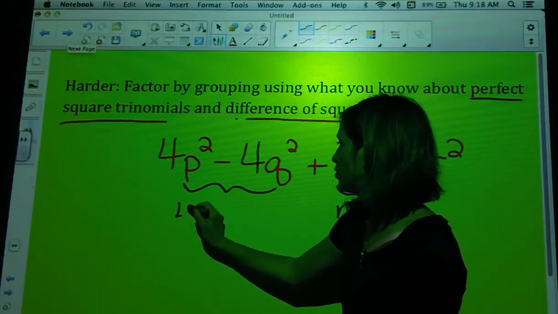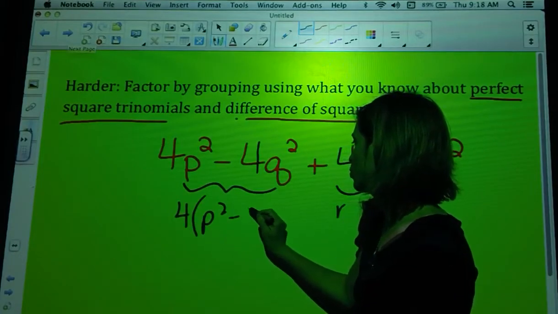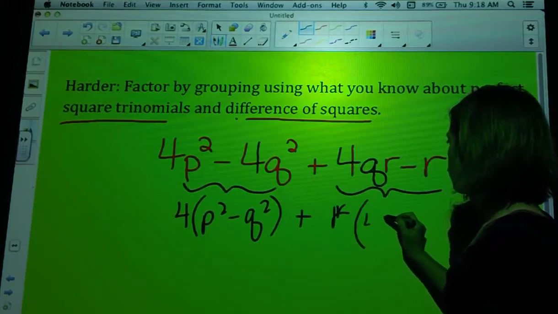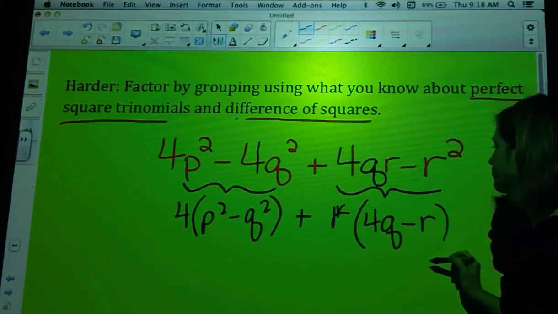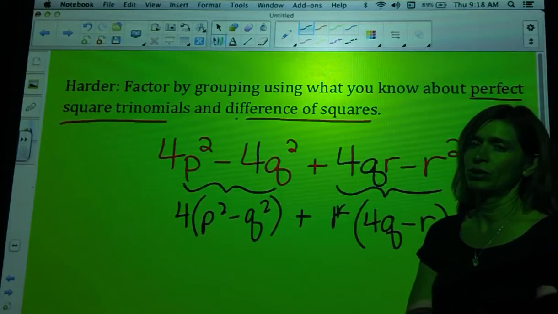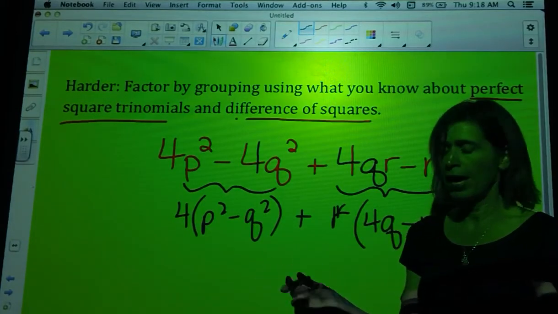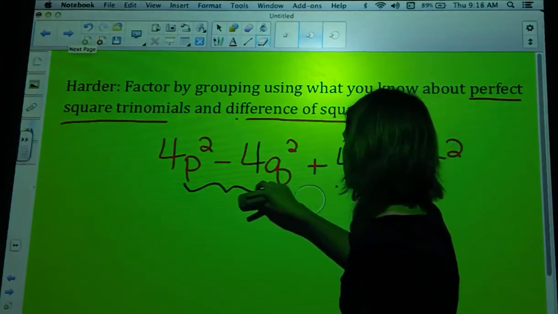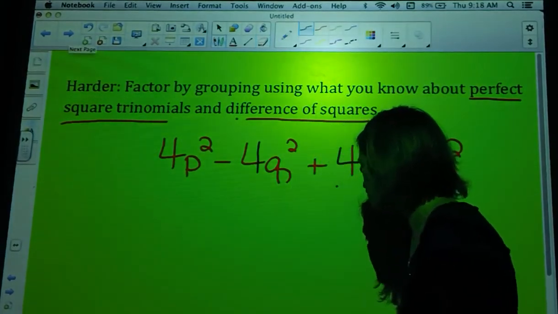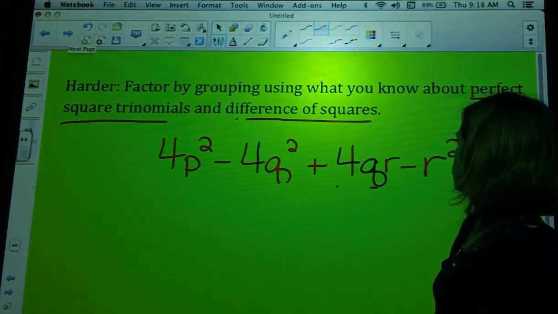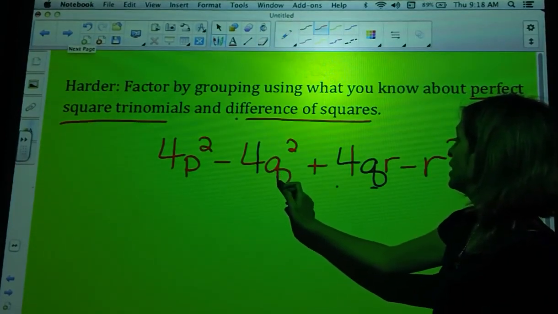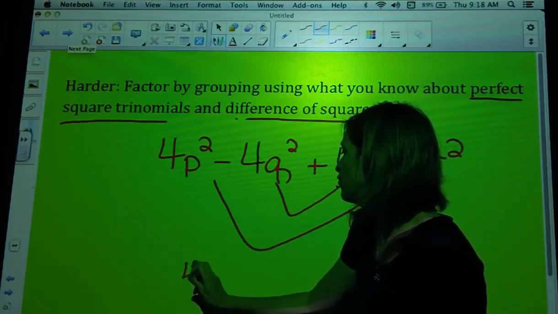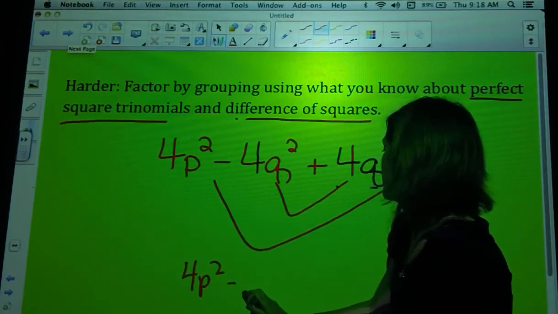So I pulled out the 4, and I was left with p squared minus q squared, plus I pulled out an r, and I was left with 4q minus r. These are not the same, so this has done me no good. So then I move around and try different patterns, or different pairs of numbers. What else could I do? I could probably put these guys together and these guys together. So if I did, it would be 4p squared minus r squared.